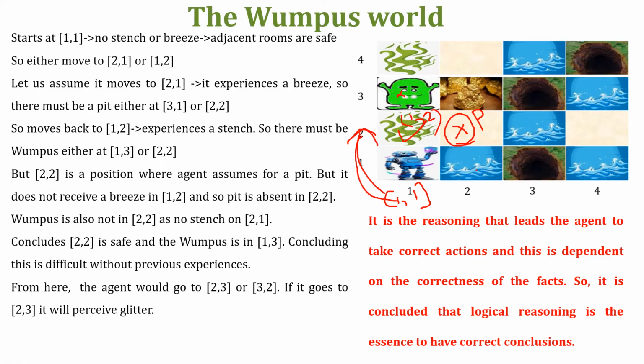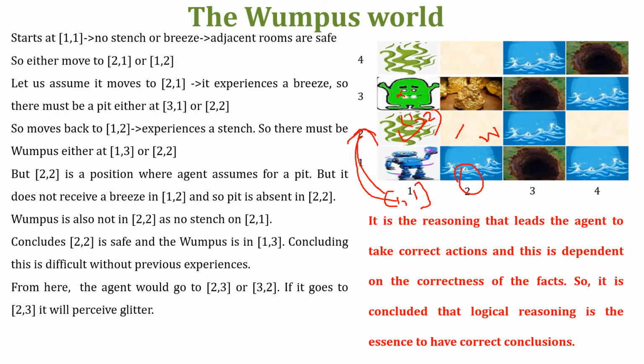Also, the Wumpus is not available here because the agent did not experience any stench when it was in 2, 1, which concludes that 2, 2 is safe.